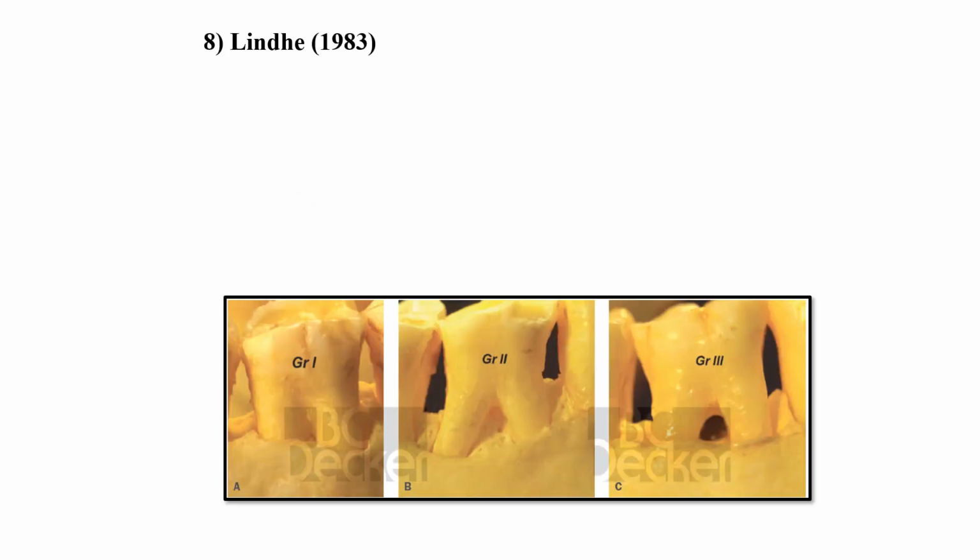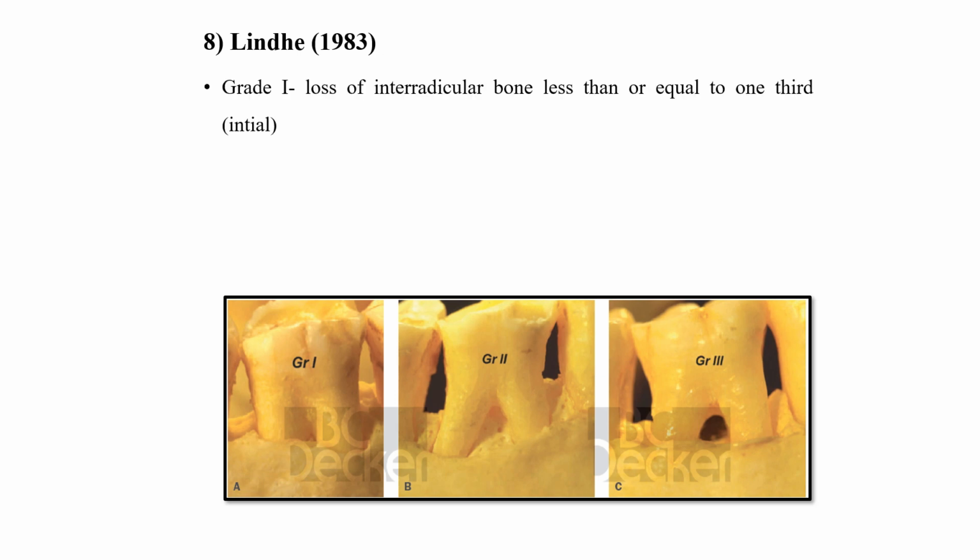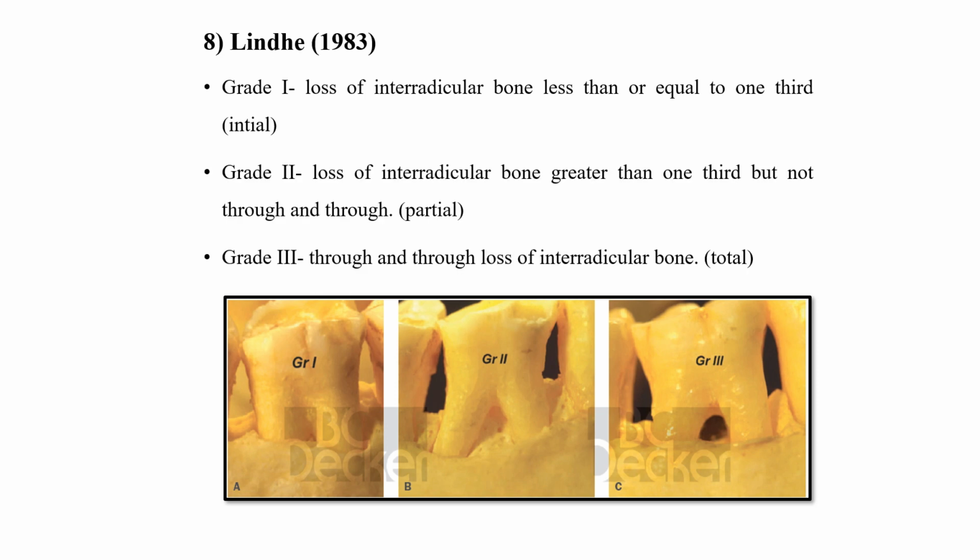Then we come on to Lindhe's classification, which was given in 1983. Lindhe has classified the furcation involvement on the basis of the loss of interradicular bone. It is considered as grade 1 furcation involvement when the loss of interradicular bone is up to 1/3. Grade 2, loss of interradicular bone greater than 1/3 but not through and through, that is partial.